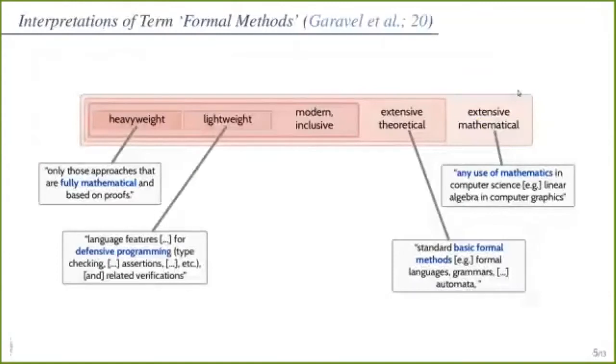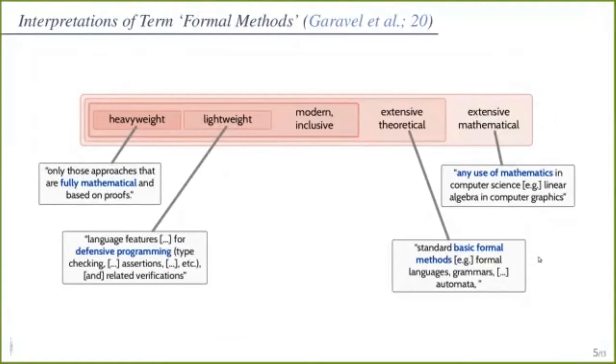In this section, the report firstly recalls 4 pretty much well-known interpretations of the term formal methods, going from right to left. We have a very broad interpretation: any use of mathematics in computer science, which would include linear algebra and computer graphics. Then a somewhat narrower one, the extensive theoretical one, which would exclude linear algebra but include formal languages, grammars, automata, and everything on top.